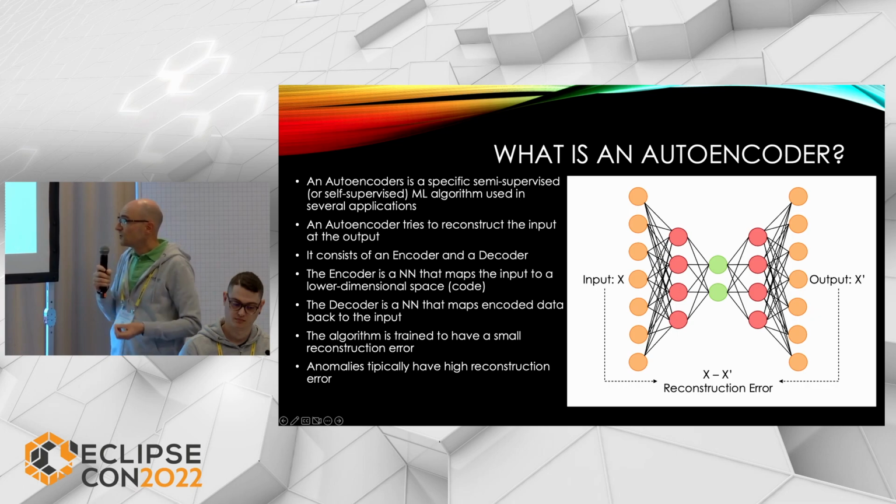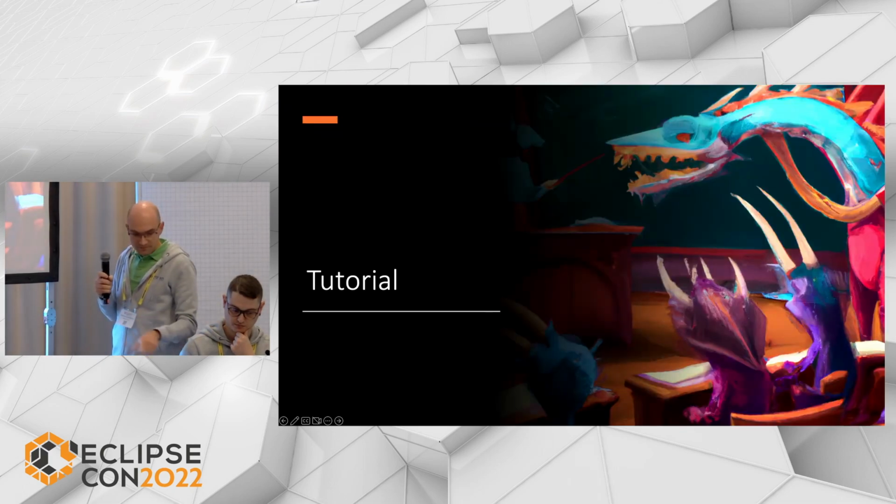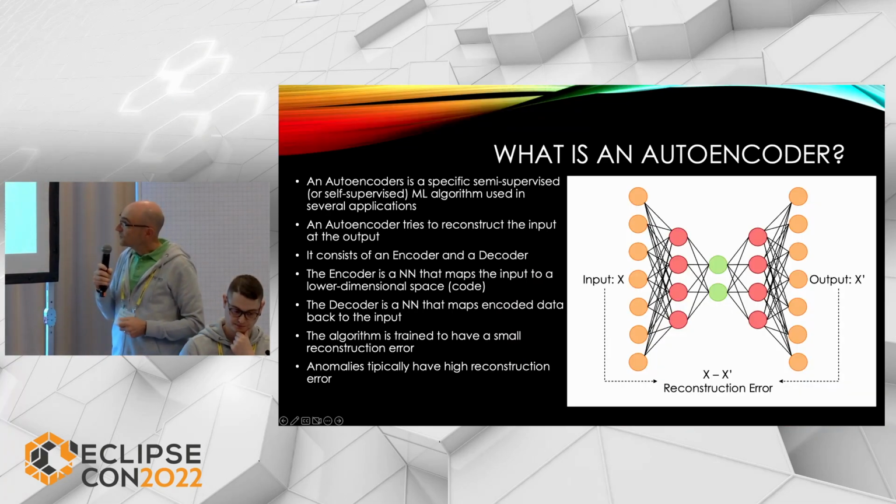The goal of the autoencoder is to try to reconstruct the input at the output. It is made of an encoder that maps the input features into a lower dimensional space, so a code, and a decoder that tries to reconstruct the input data starting from the code. When trained, the autoencoder is able to reconstruct normal input data.